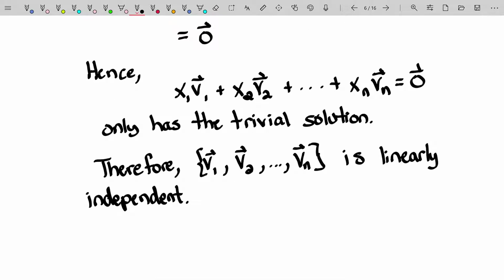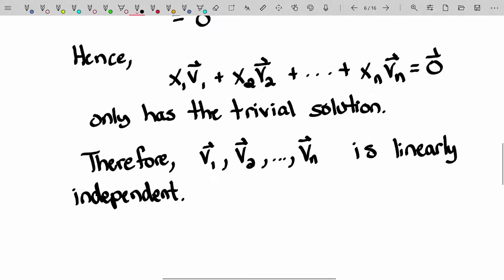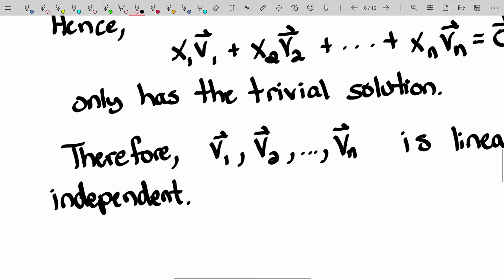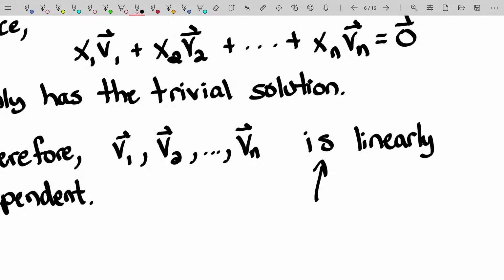If I didn't write it as a set, this is just a minor quibble, don't worry too much about it, but if I didn't write it as a set and I said, hey, those vectors are linearly independent, I would say those vectors are linearly independent. But when I'm writing a set of vectors, I would say that set of vectors, or that group of vectors, is linearly independent. It's just a minor language issue. Some people might say you should have "are" there, not "is."